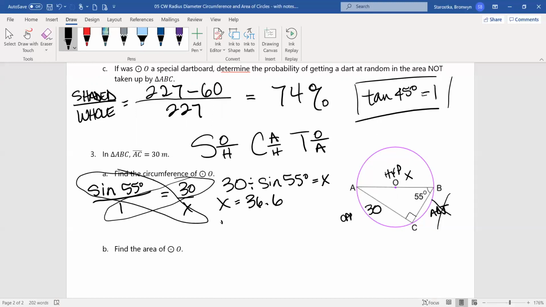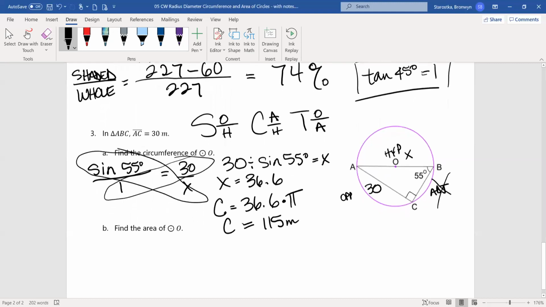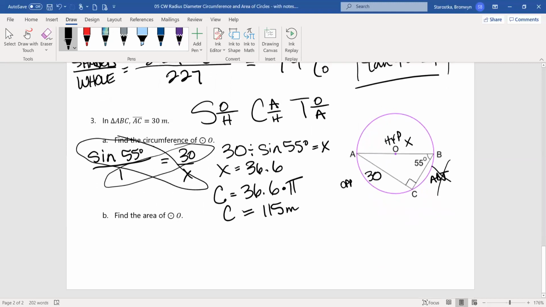So my circumference is 36.6 times pi, or rounding, circumference is 115 units. Oh no, it looks like it's meters. I'll change that. Meters. If we want to find the area, we know the diameter is 36.6.